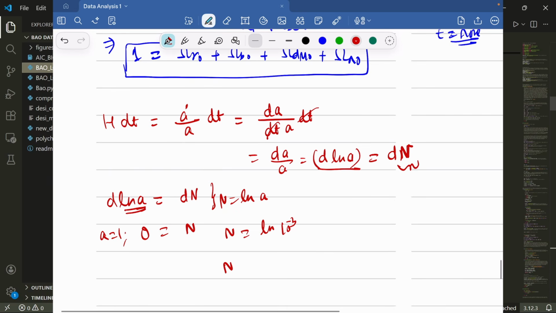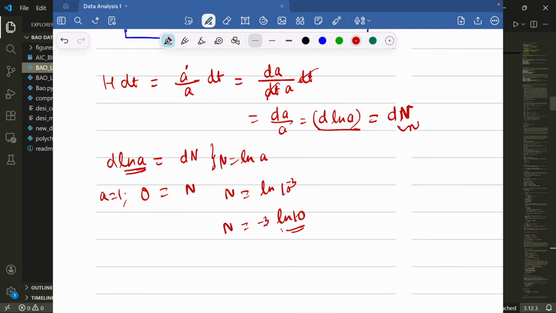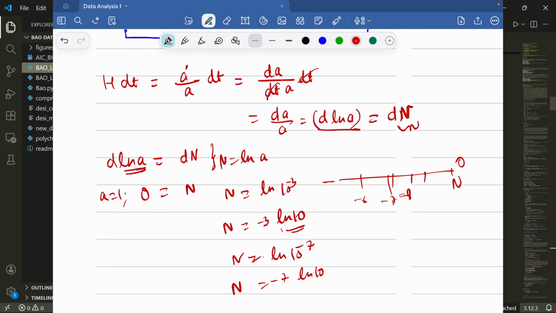What will happen? It will take some value, negative, log of 10 multiplied by minus 3. Similarly, a equal to 10 to the power minus 7 gives minus 7 into log of 10, right? So the more you go into the past, the more N will vary from N equal to 0 to minus 6, minus 7, minus 8, minus 16, and so on.